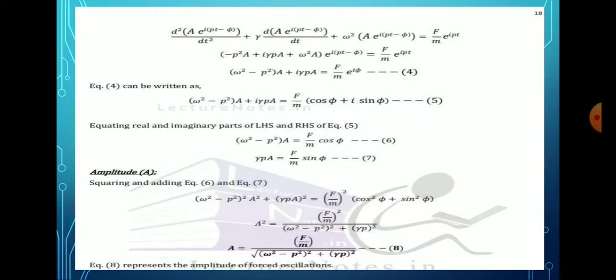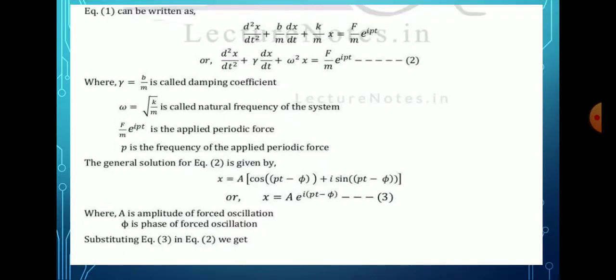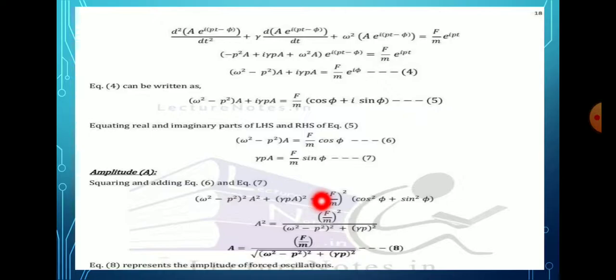Rearranging these terms, a square is equal to f by m whole square as it is. Then cos square phi plus sin square phi is equal to 1. So we get the equation for a square.